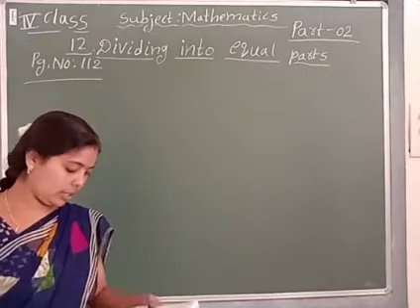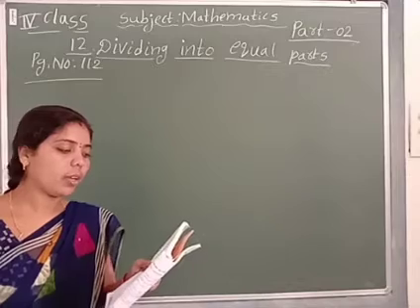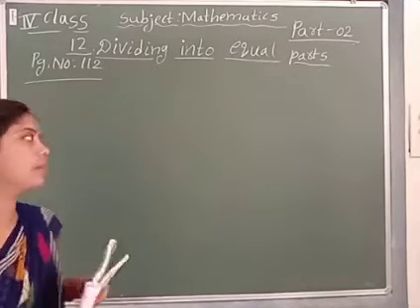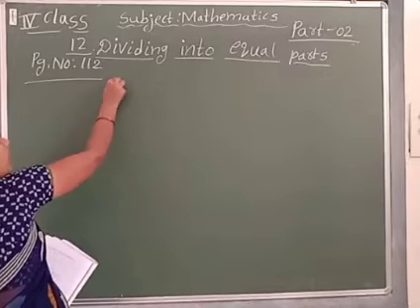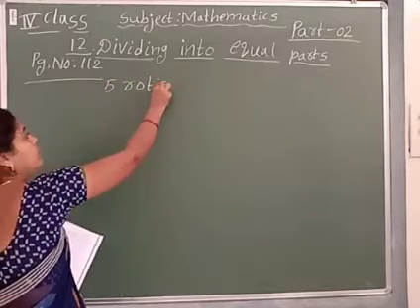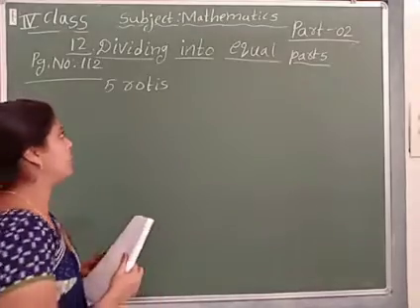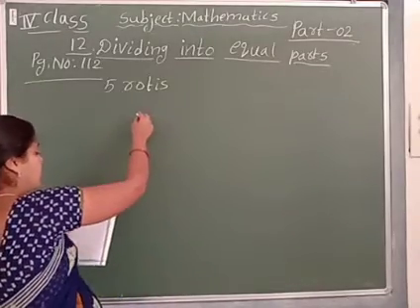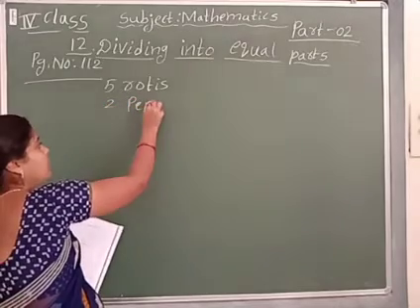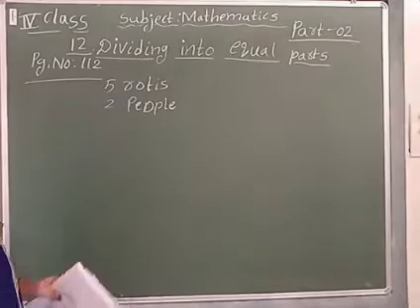Now see here, page number 112. Open your textbook. You divide these 5 rotis equally among 2 people. See how they are distributed.